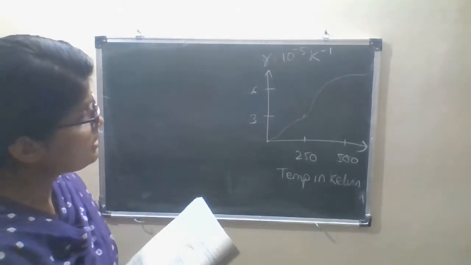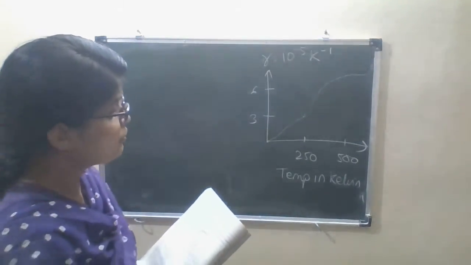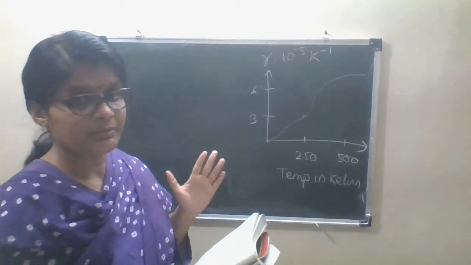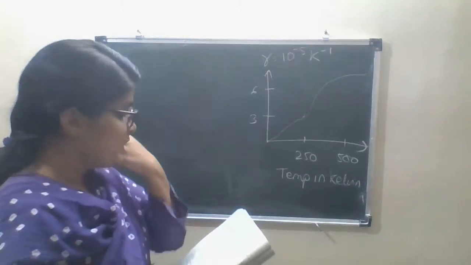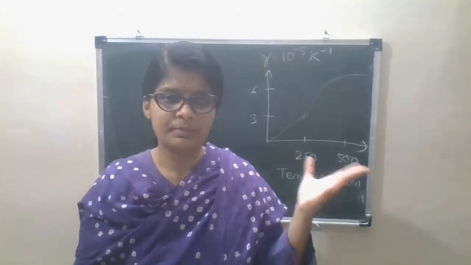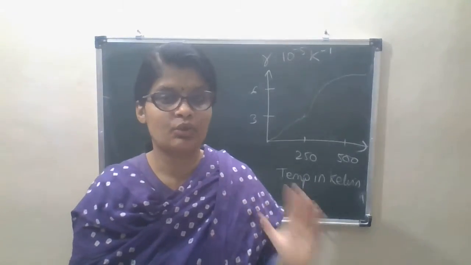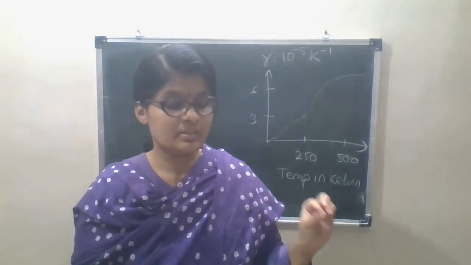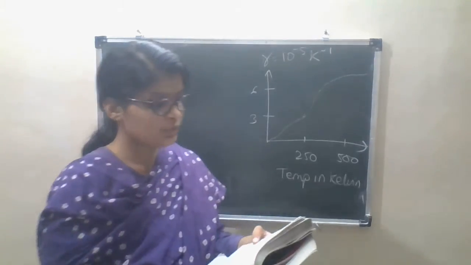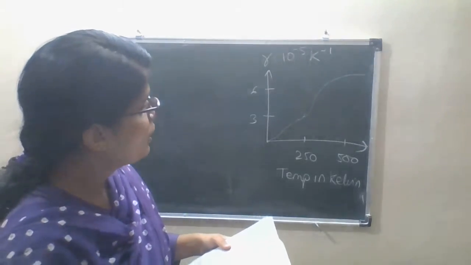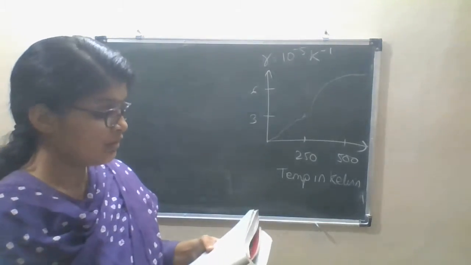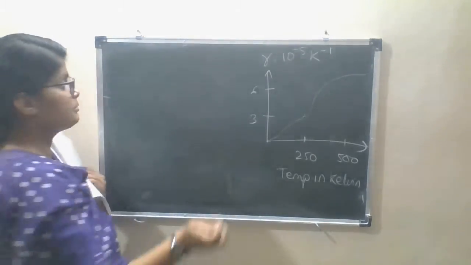So from this graph, what are we going to understand? The first thing is the variation of gamma with respect to the temperature. If the temperature changes for typical materials or the solids we are talking about, what is the variation of gamma that we are going to see? The gamma depends upon the temperature of the given substance, and it is different for different substances at the same temperature.